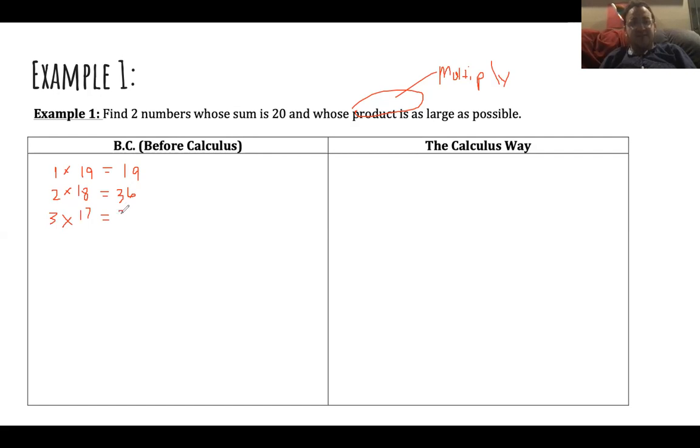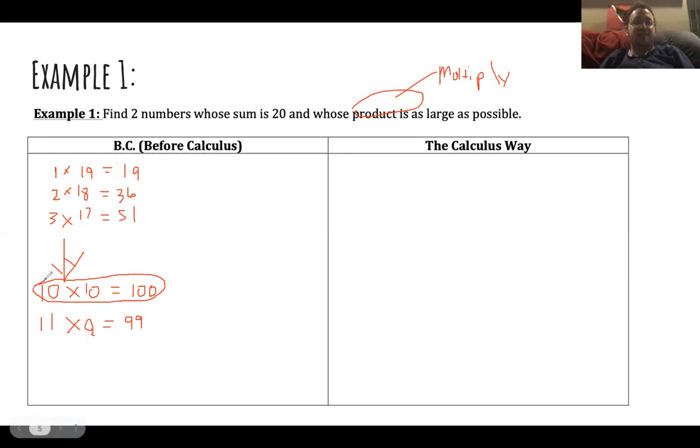This is going to get very long-winded, but eventually you'll get down to 10 times 10, and you could compare that to 11 times 9 or 9 times 11, and you'll see that 10 times 10 wins out.